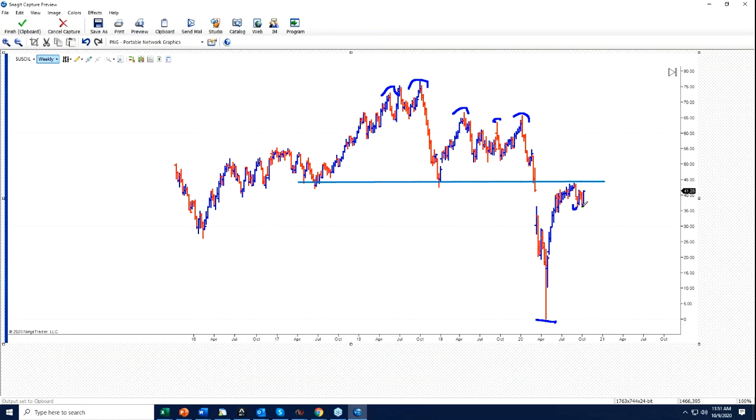And right now you've got this little double bottom in the direction of this momentum. So the momentum is still higher. So, sometimes if you're looking just to catch a momentum trade, take a couple of bucks out of it, don't fight it. The path of least resistance is higher.